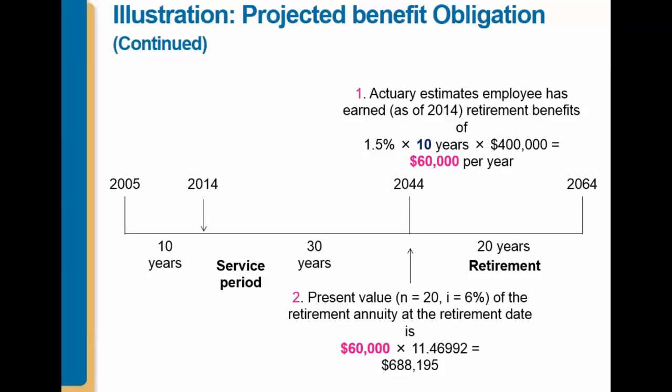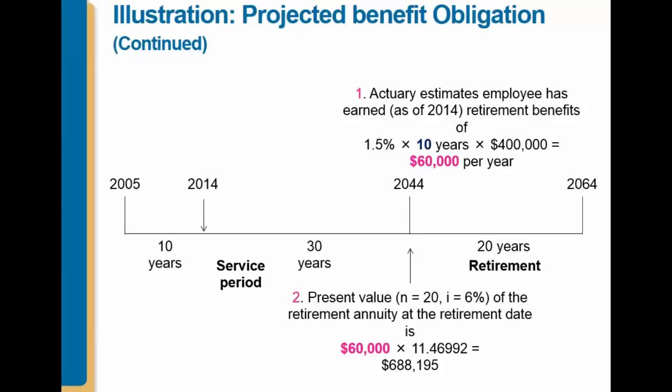So we're looking at a present value. The number of periods is 20. The discount rate is 6%. And this is the annuity at the retirement date, which is $60,000 times the annuity factor of 11.4. And it's $688,000. So we need $688,000 in 30 years.